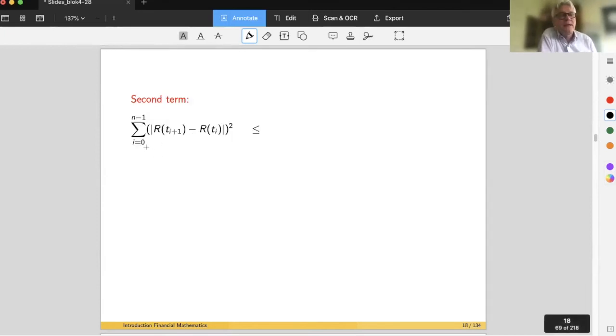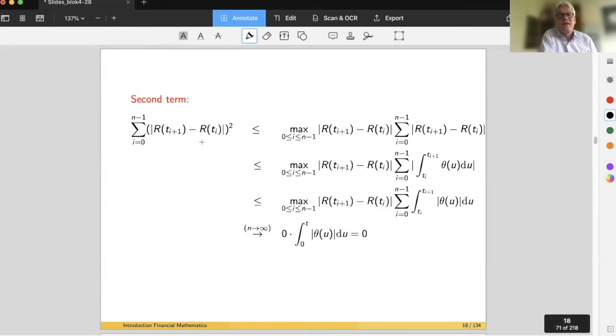The second term, the sum, i runs from 0 to n minus 1, of |R_{t_{i+1}} minus R_{t_i}| squared. Well, we can bound that by taking one of these out. These are continuous functions on a compact interval, so we can take the maximum out of one of these terms.